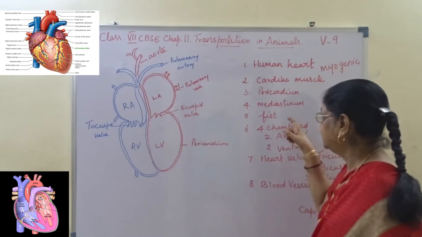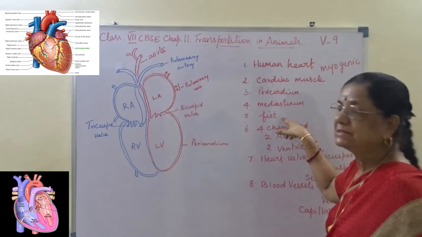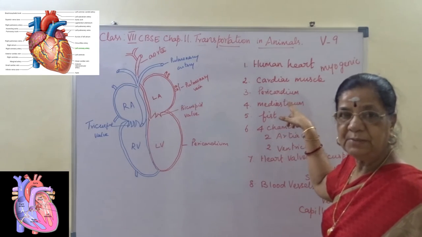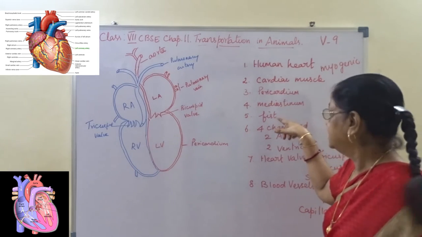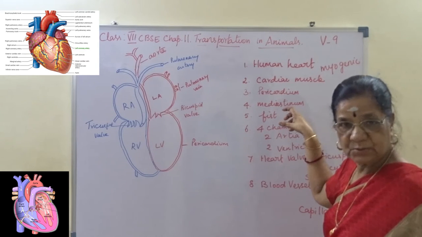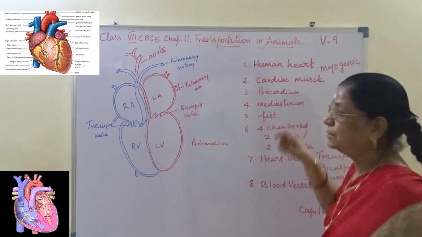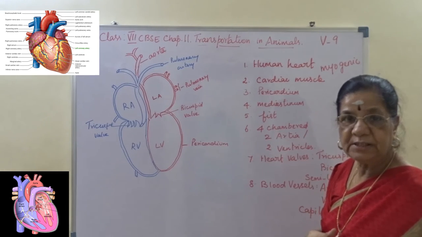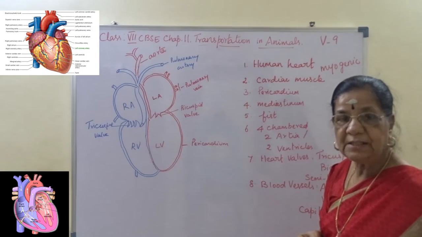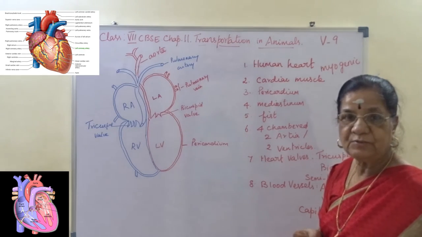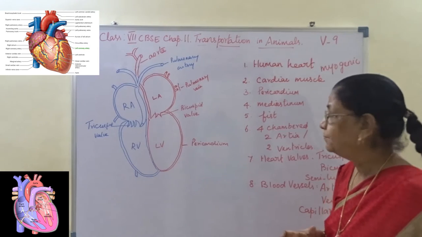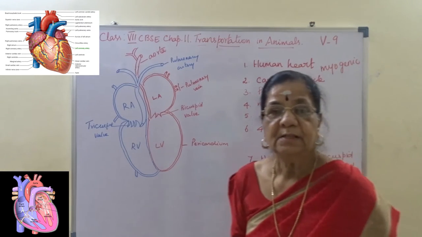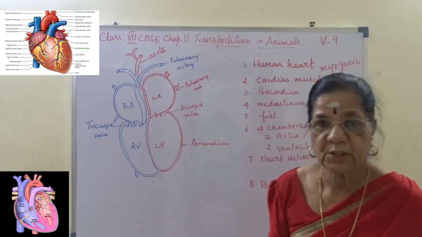So first I say it is located in the mediastinum position in between the two lungs. The size of the heart is one's own fist. The heart is made up of cardiac muscle, where it is myogenic. It can initiate the rhythmic activity of the heartbeat. And then it is covered by a two-layered membrane called pericardium.